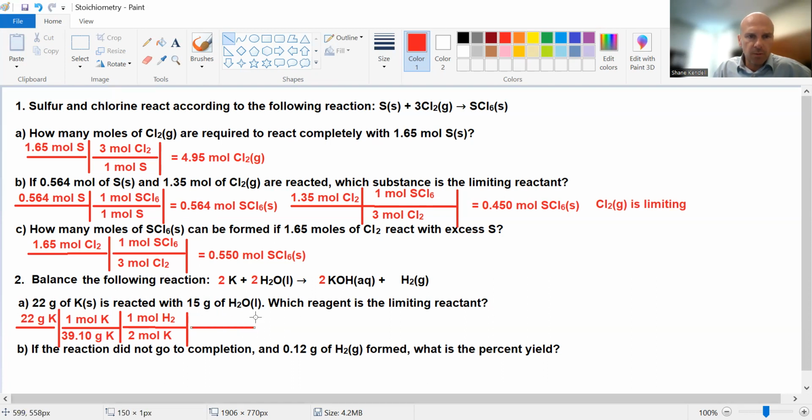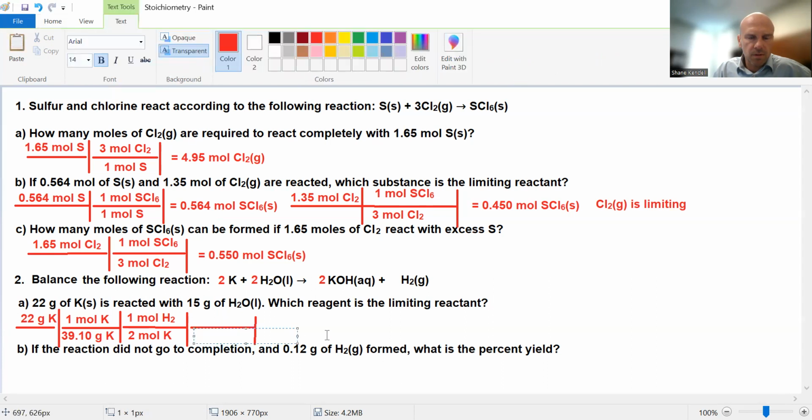Okay, so one mole of H2, how many grams is that going to be? Well, it's again going to be related to the molar mass.